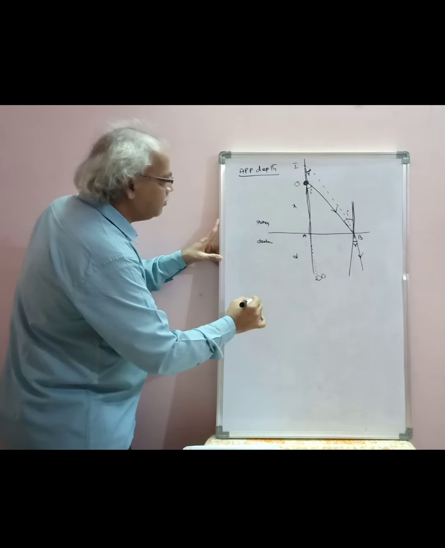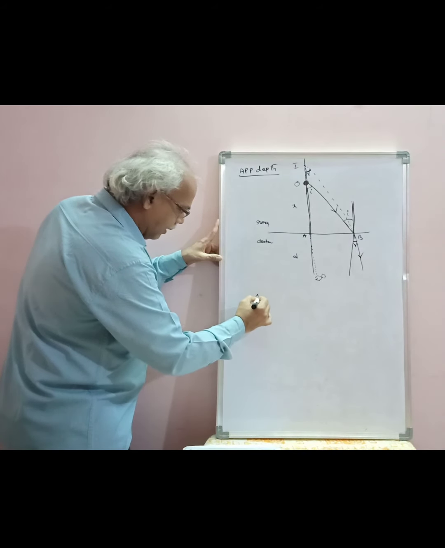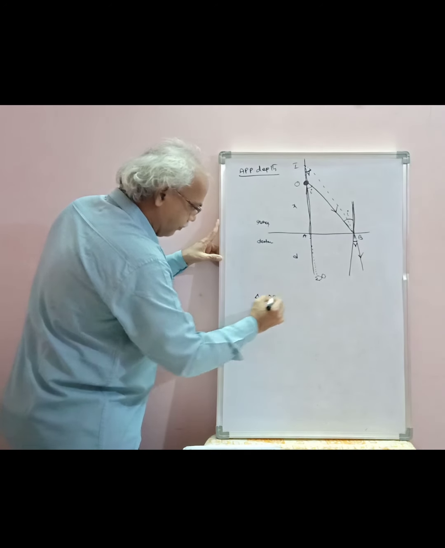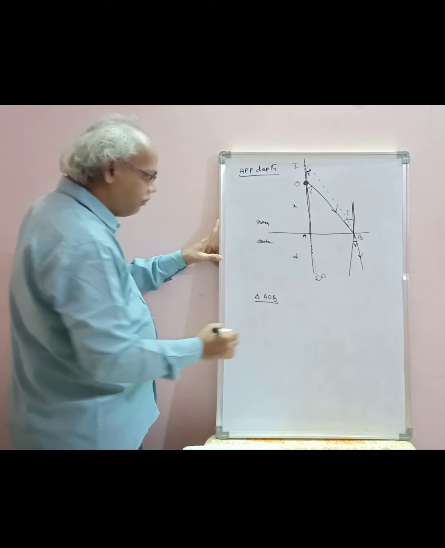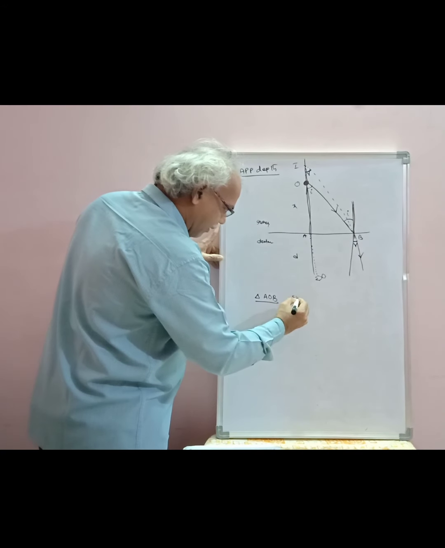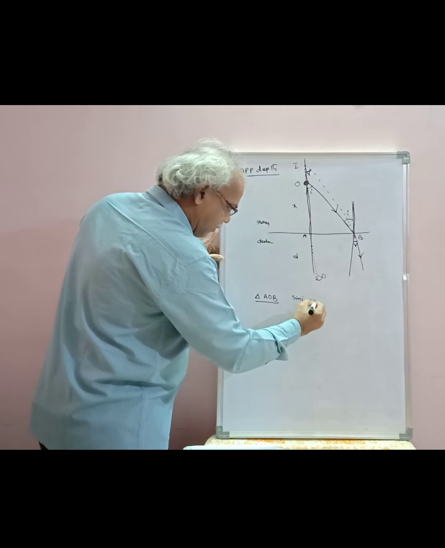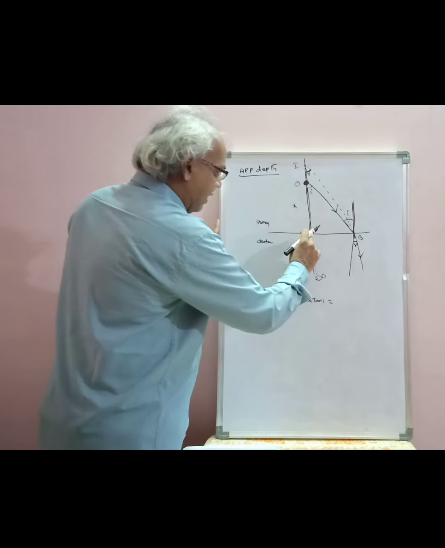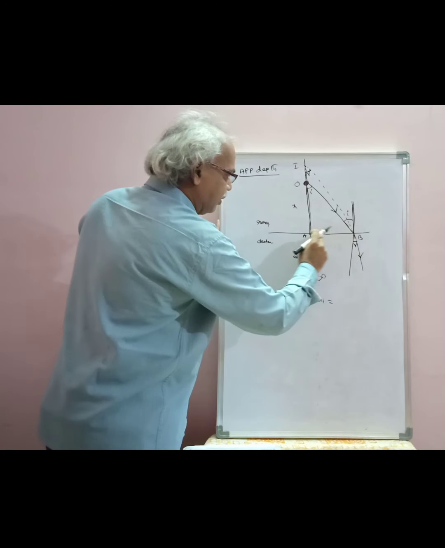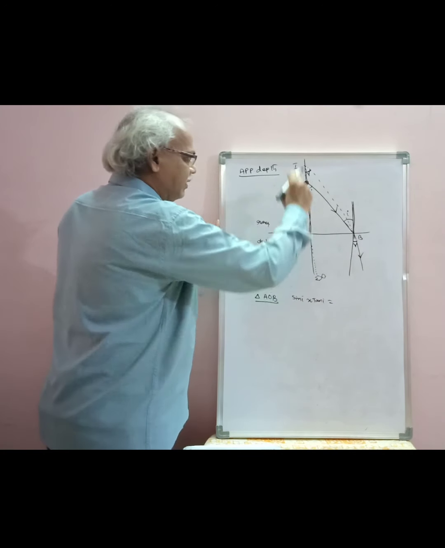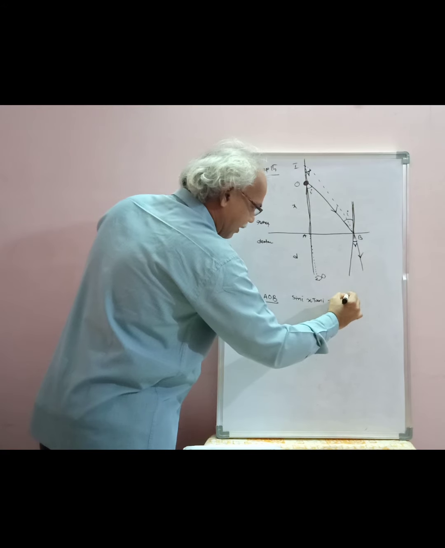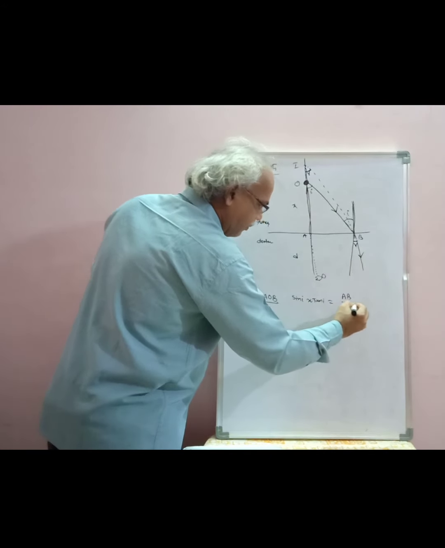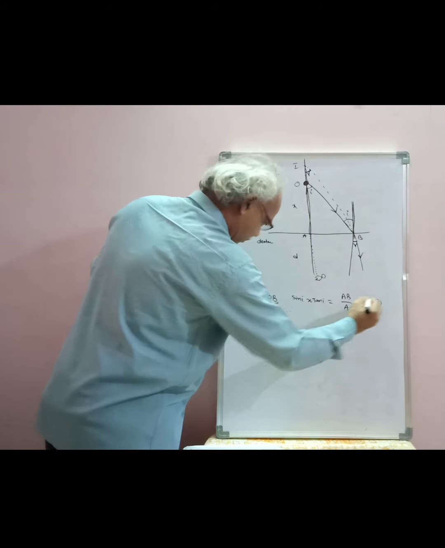Here from triangle AOB, sin i is equivalent to tan i. So tan i is equal to opposite side by adjacent side, so AB by AO. This is the first equation.